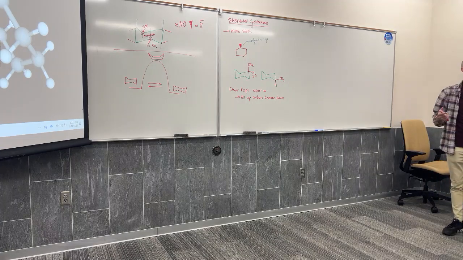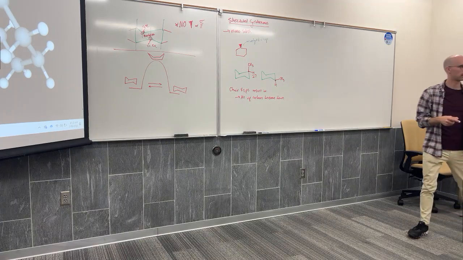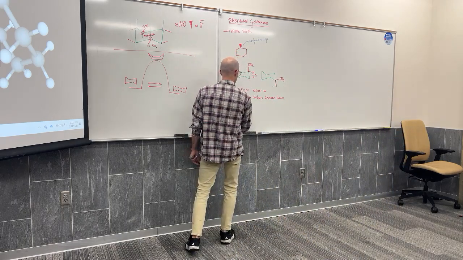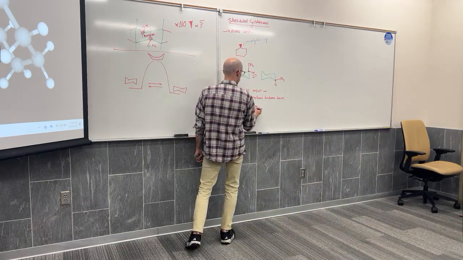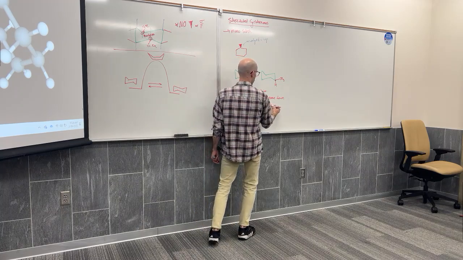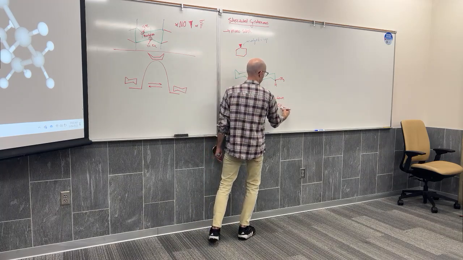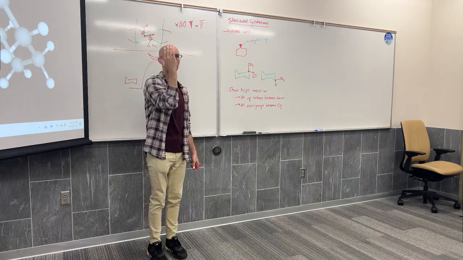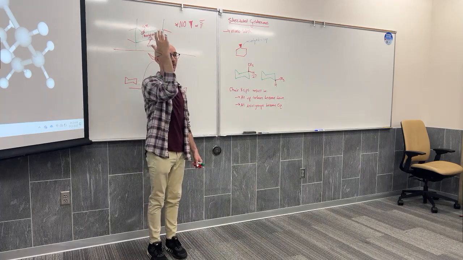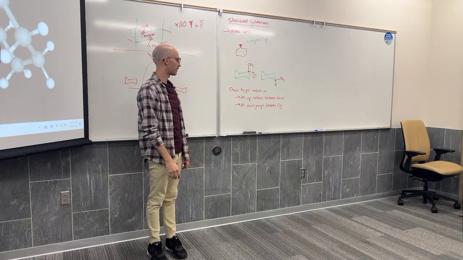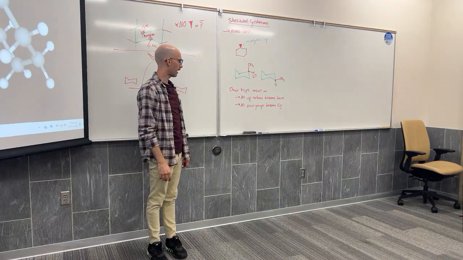All down carbons become up. All axial groups become equatorial. I had an up methyl, an axial methyl, and the molecule went through a chair flip, and now it's up equatorial.